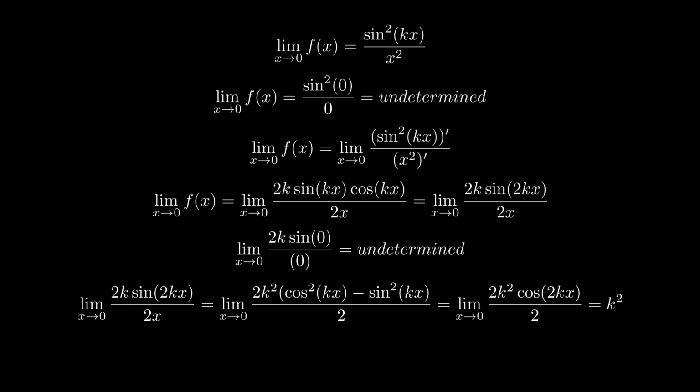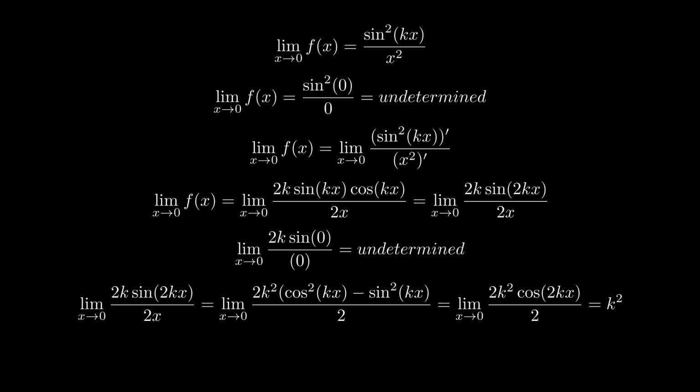You have the limit as x goes to 0 of 2k squared times the cosine squared of kx minus the sine squared of kx all over 2. Now that we no longer have an x in the denominator, you can see that probably this is going to work. Simplifying a bit, you'll see that we end up with the limit as x goes to 0 of 2k squared cosine 2kx all over 2.